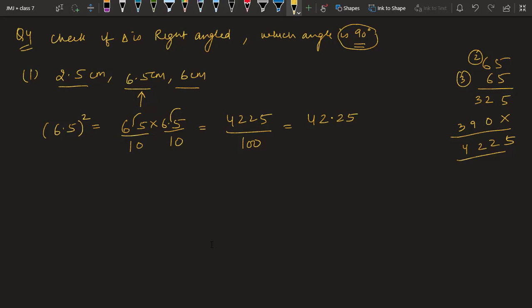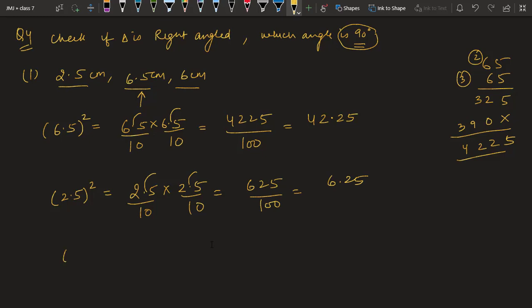Similarly, let's find the square of the other two sides. That will be 2.5 into 2.5. It becomes like this. 25 square is 625. You can check on your own. It will become 6.25. And last, 6 square is simply 36.